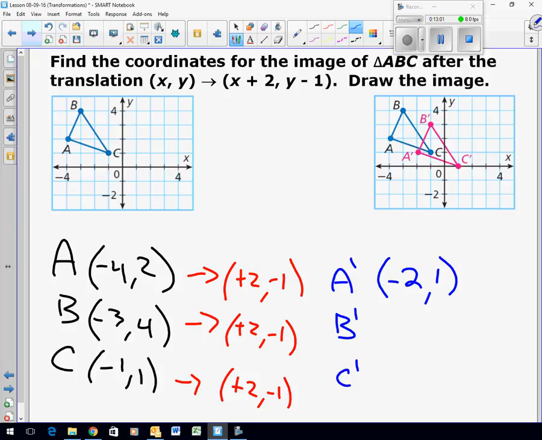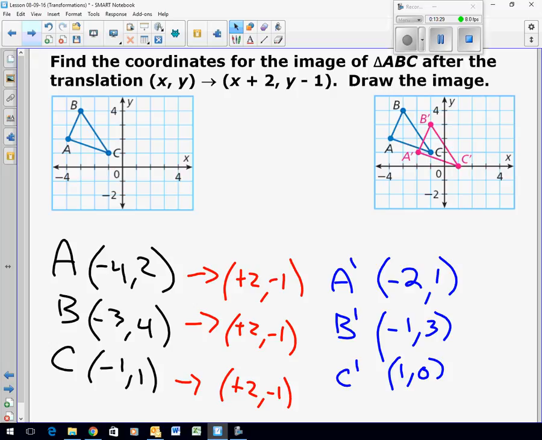Good. -3 plus 2 is what? Good. -1. What is 4 minus 1? Good. Okay, so B prime should be at the point -1, 3. What is -1 plus 2? Good. What is 1 minus 1? Yeah, that one is easy. So C prime should be at 1, 0.